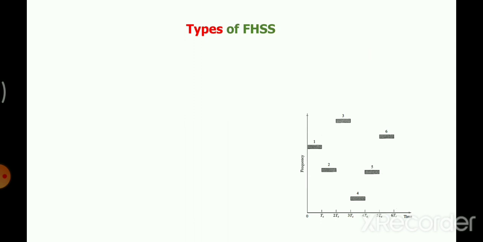Okay. What are the types of frequency hopping spread spectrum? We have already discussed, it can be either fast hopping or slow hopping. Let us see the case here.